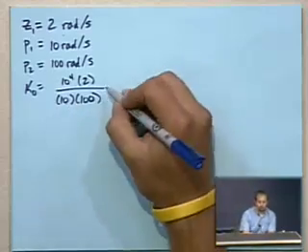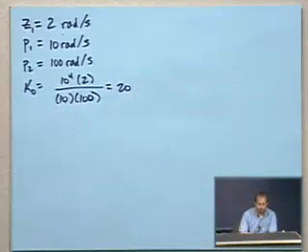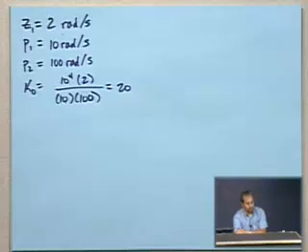When you figure all that out, that is 20. So that's one way of calculating K0.